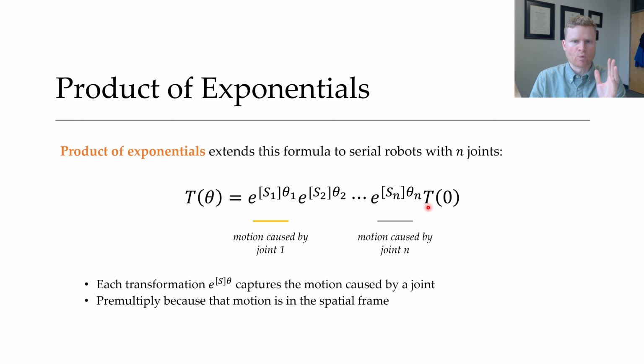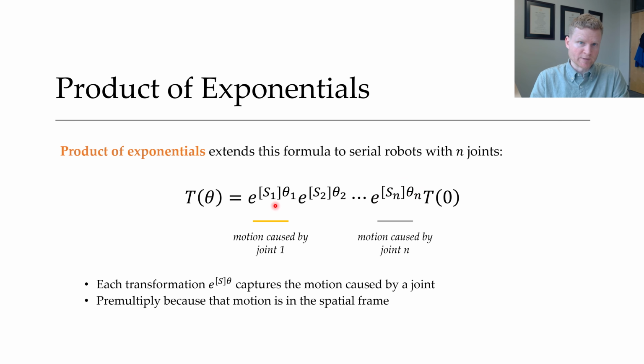So instead of just having one joint, here we're going to have n different joints. And we're going to multiply the motion that's caused by each of these joints in sequence. Here, this is a transformation matrix that captures the motion caused by the first joint. This is a transformation matrix that captures the motion caused by the second joint, all the way out to this transformation matrix that captures the motion caused by the nth joint.